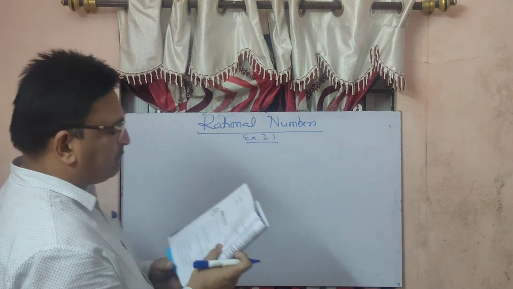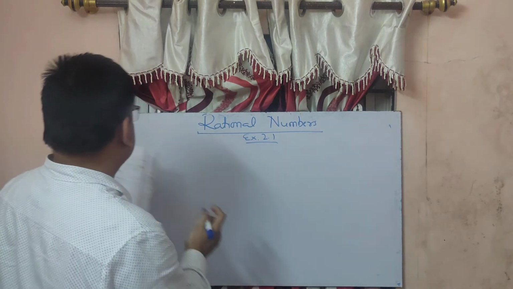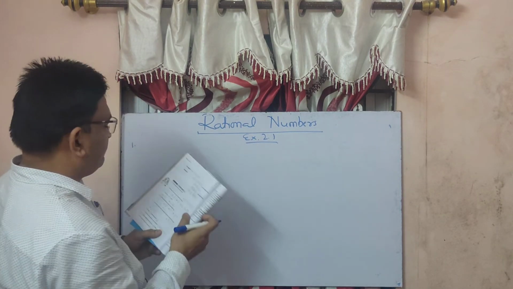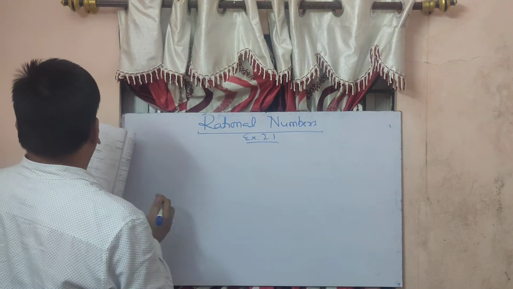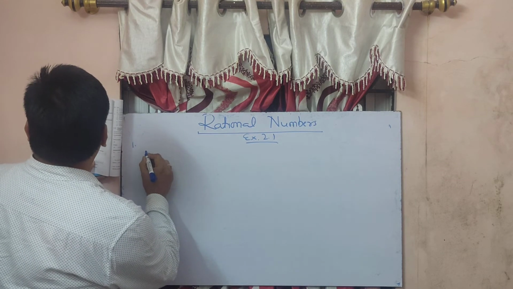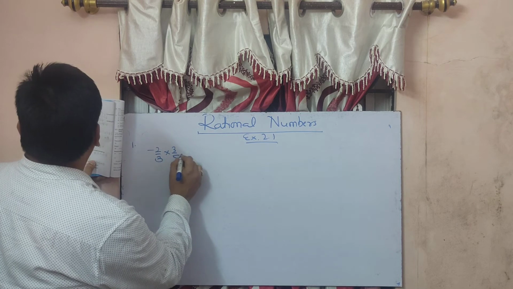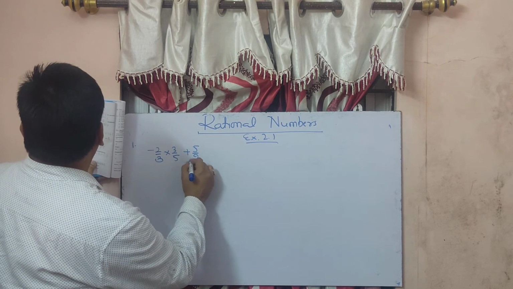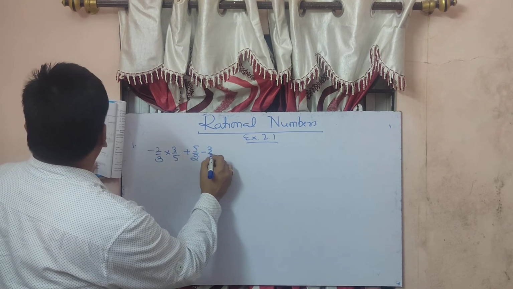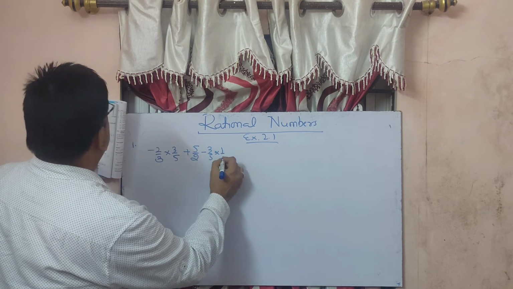Using appropriate properties, find the value of it. That is minus 2 upon 3 into 3 upon 5 plus 5 upon 2 minus 3 upon 5 into 1 upon 6.